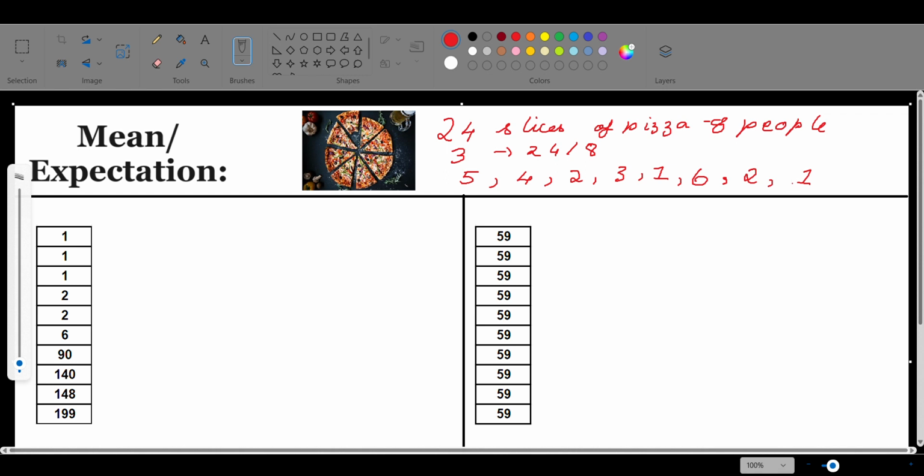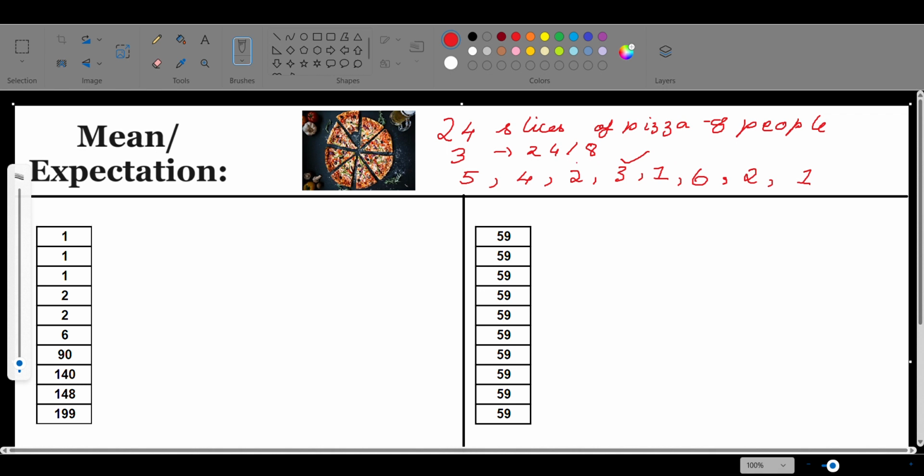Now, have a look at this. Is it equivalent to your expectation? Not particularly, because only one person actually gets 3 slices of pizza. But that number 3 helped you understand a basic sort of expected number of slices that every person could most probably get.